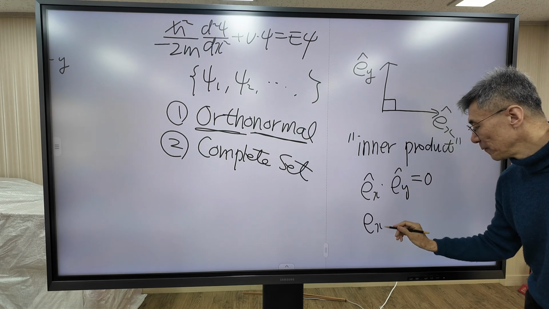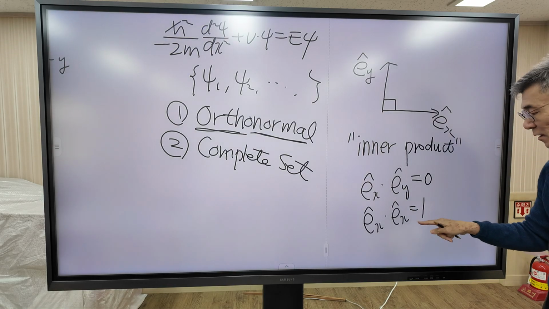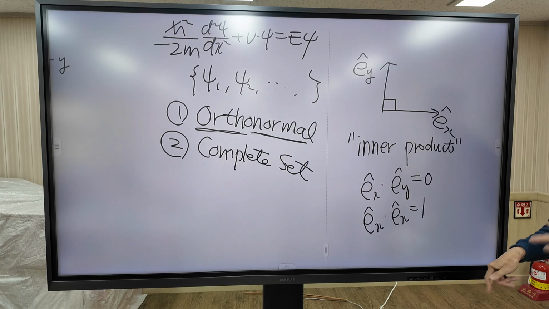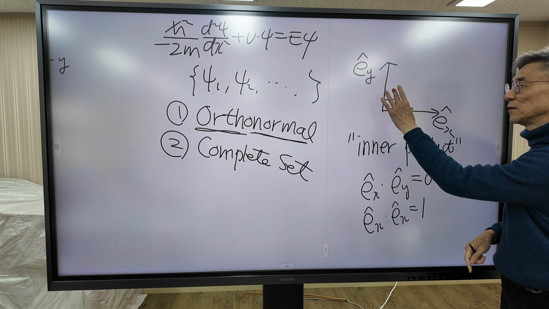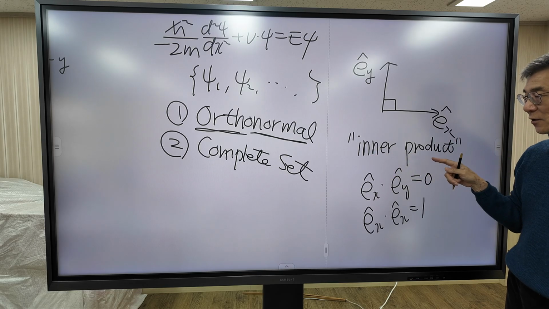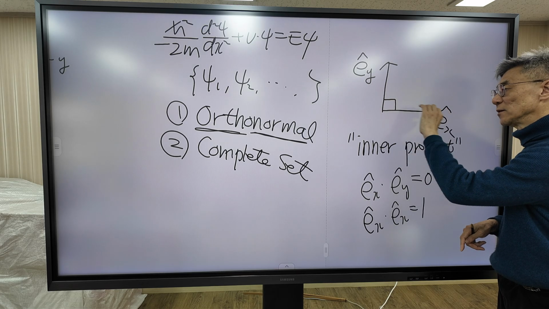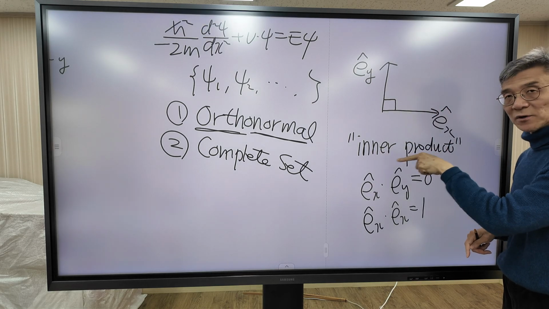When you take the inner product of a vector with itself and the result is 1, it means that the length of this vector is 1. The length of a vector and the perpendicularity of 2 vectors are determined by the inner product. If you can define the inner product, the length and perpendicularity can be defined using this concept.